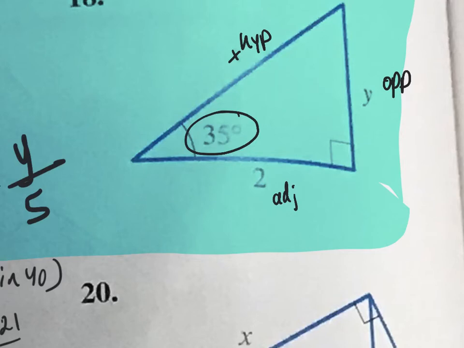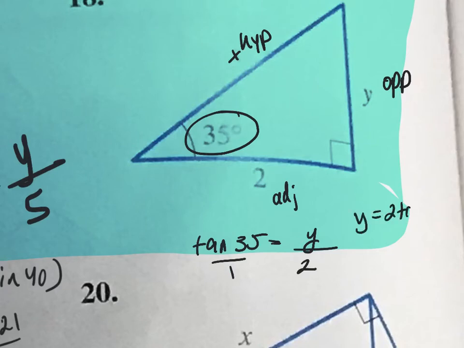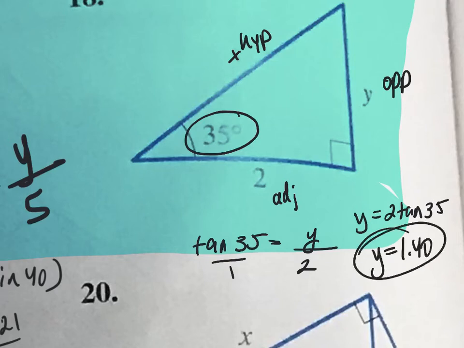What uses opposite and adjacent? Tangent. So I would say tan 35 equals opposite over adjacent. So in your calculators, you have y equals 2 times the tangent of 35. What is that? What'd y'all get? 1.40. Yes, ma'am.